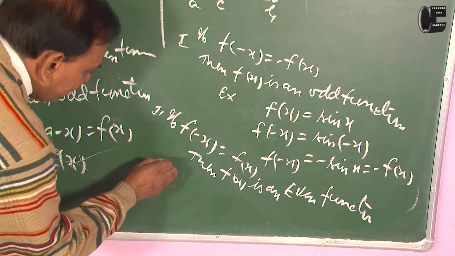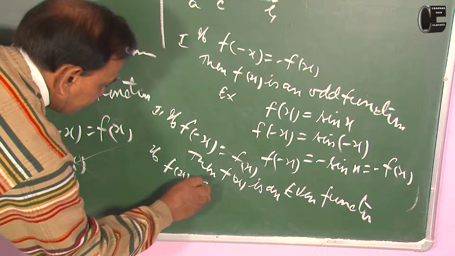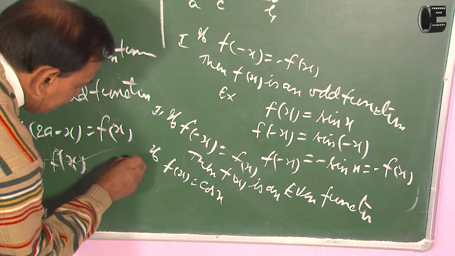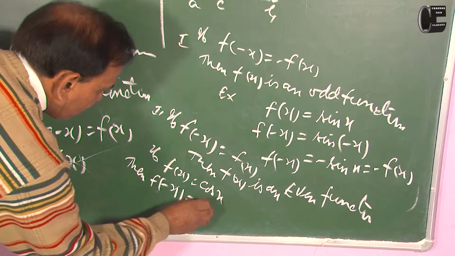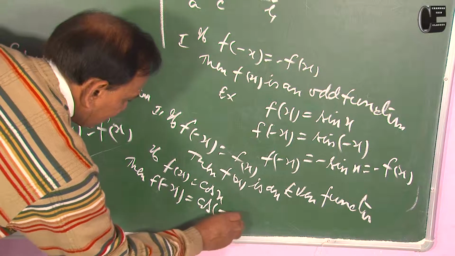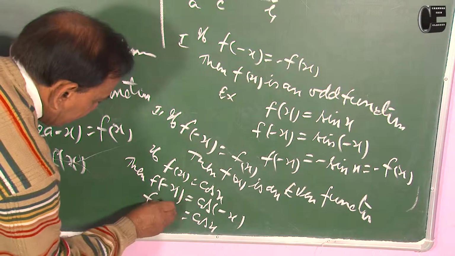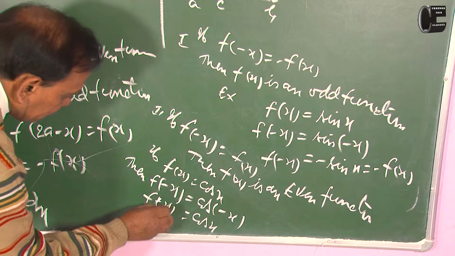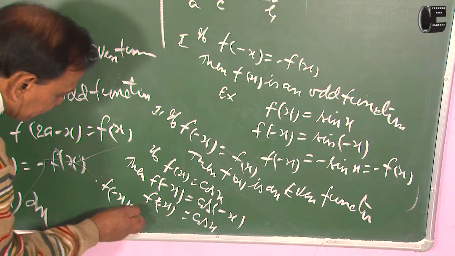Let us say one example. If f(x) equals cos x, then f(minus x) equals cos of minus x, and this is equal to cos x, which is f(x). Therefore, f(minus x) equals f(x).